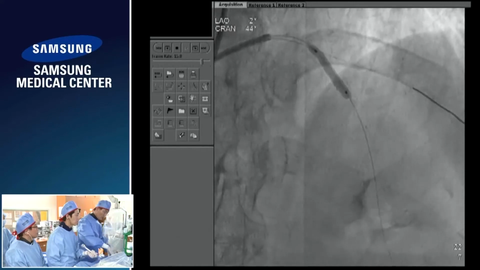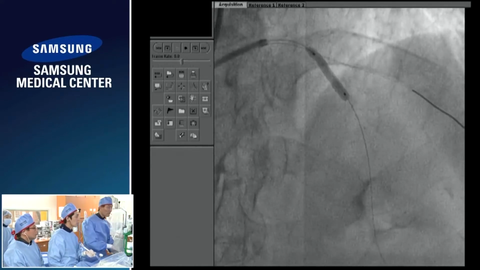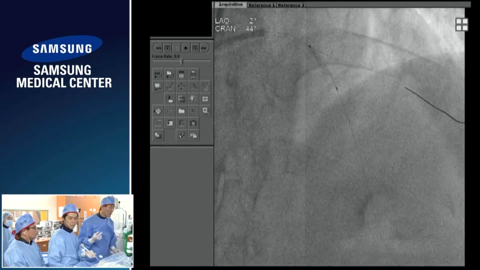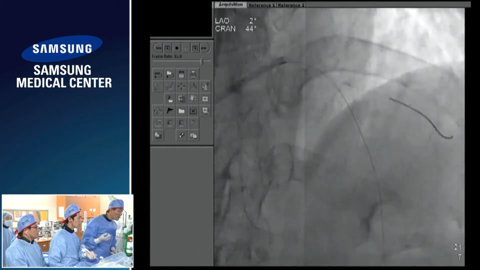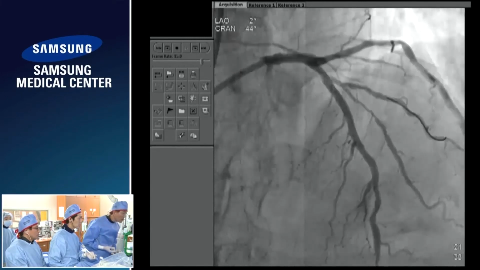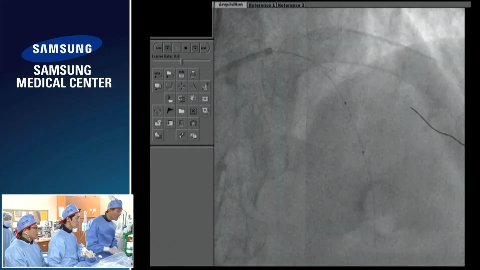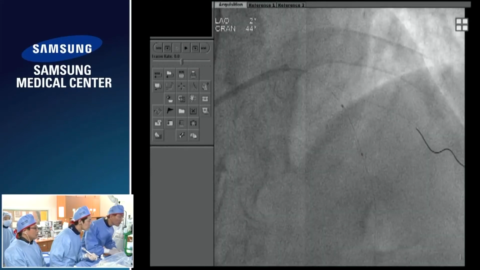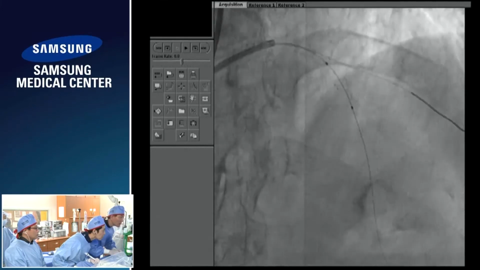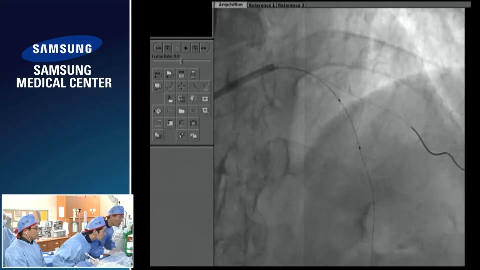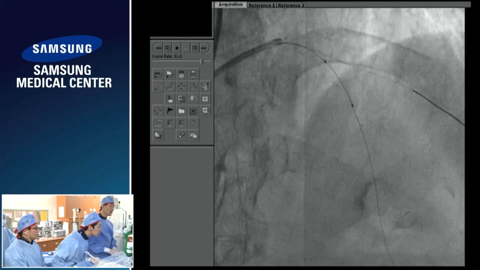Let's look at the under-expanded portion actually. Previous angio, please. Okay, under-expansion, maybe just above the distal scaffold. Okay, just above the scaffold. 18.